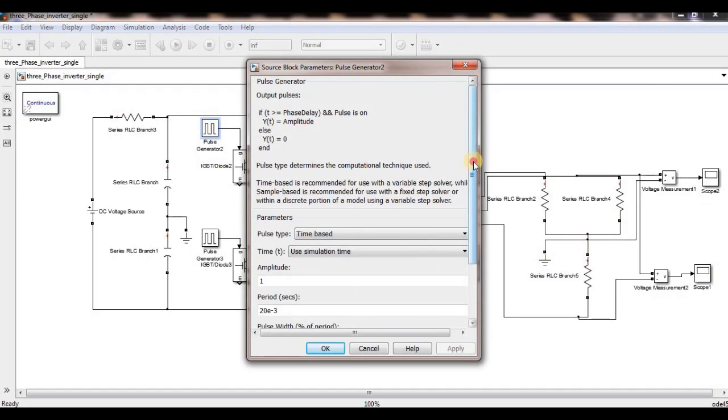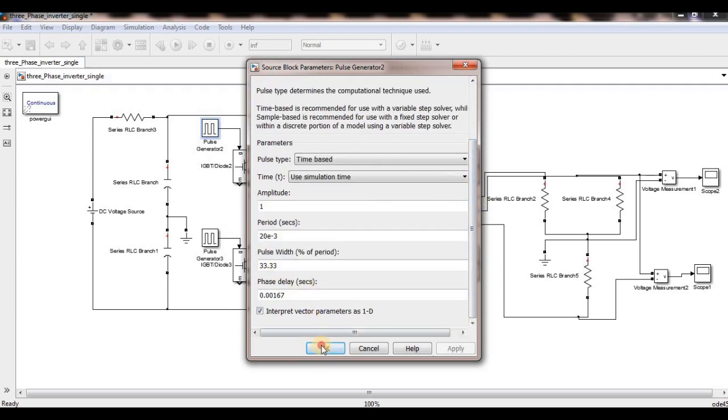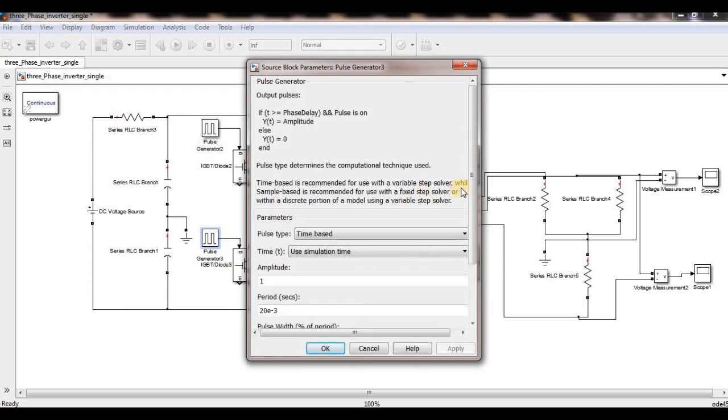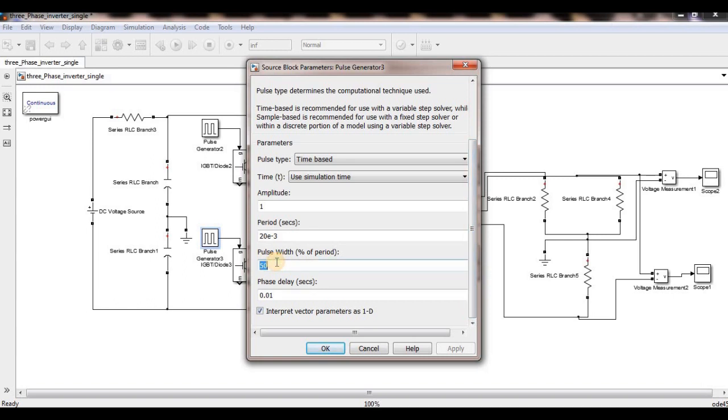Now I applied this for 120 degrees: 33.33 and 0.00167.